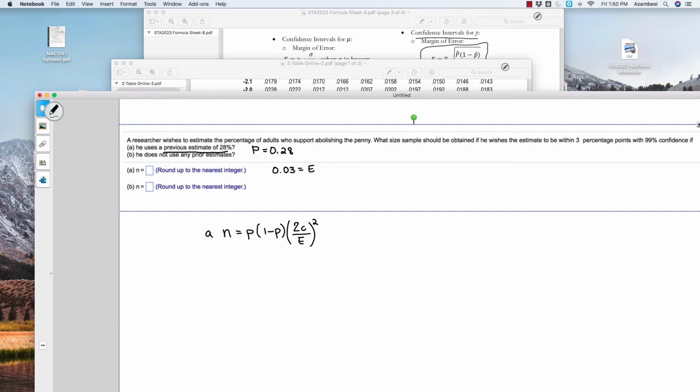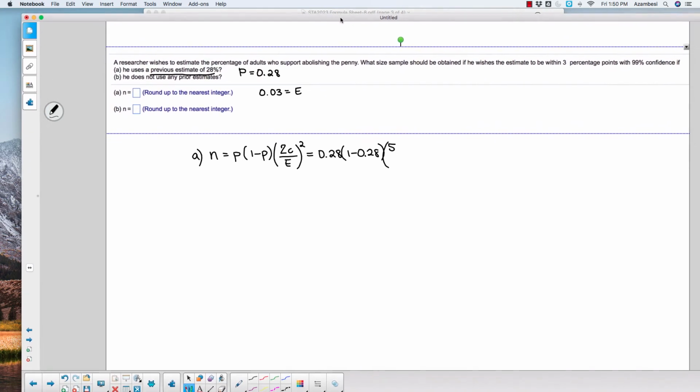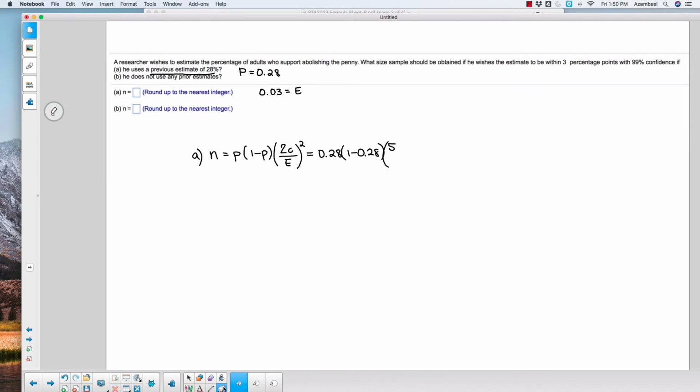So for part A, n is equal to p is 0.28 times 1 minus 0.28 times ZC, or 2.575, over E squared.